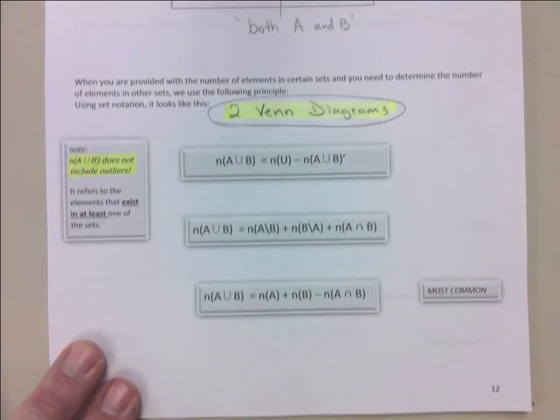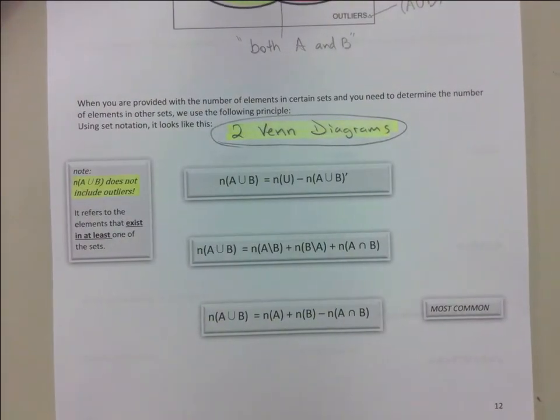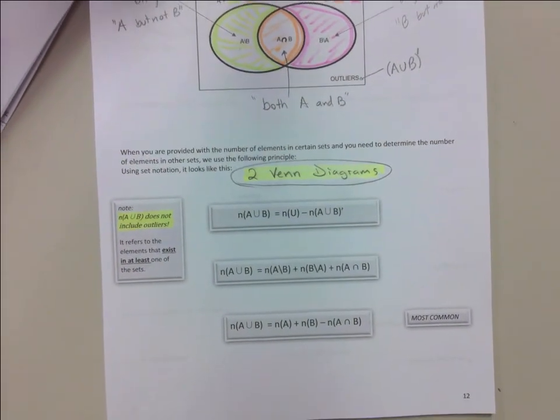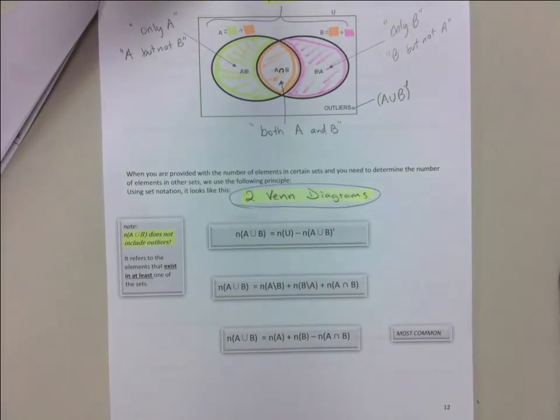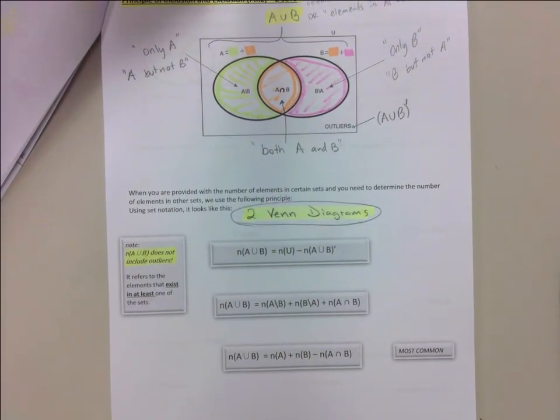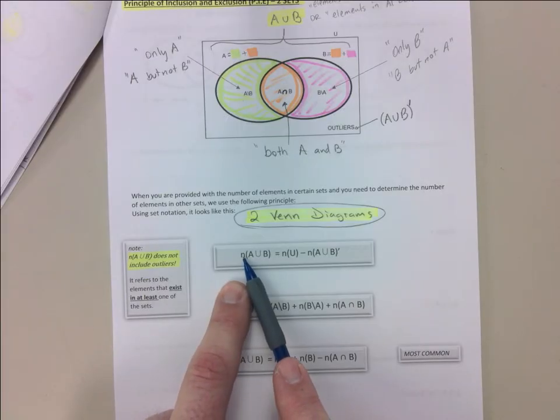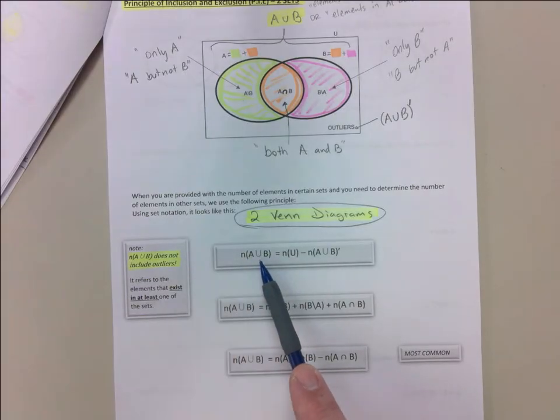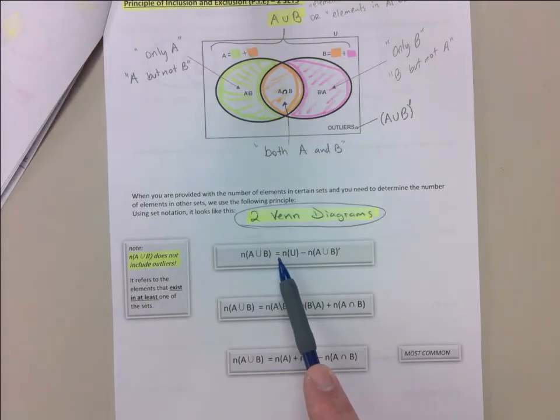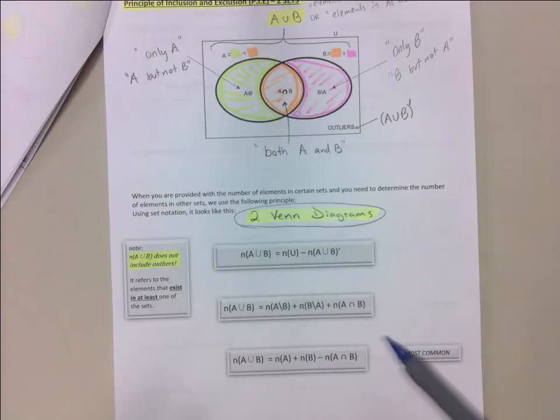So let's see if you can follow. I'm going to try to zoom out so that we can have our diagram up there with the formulas at the same time. Okay, so the number of elements that are in the union of the 2 sets can be found by taking your universal and subtracting the outliers, right?